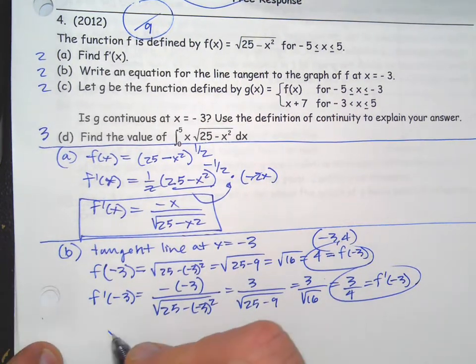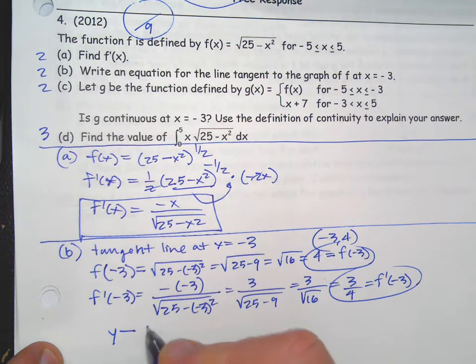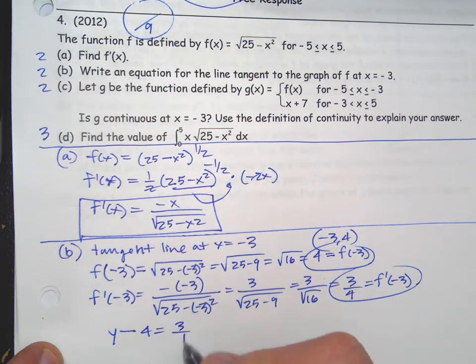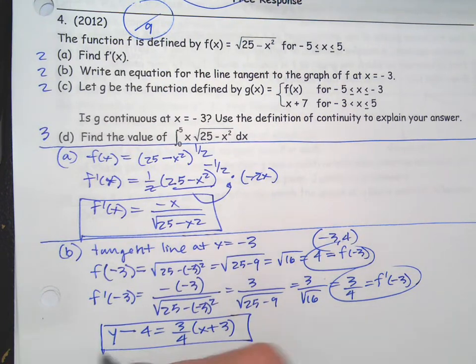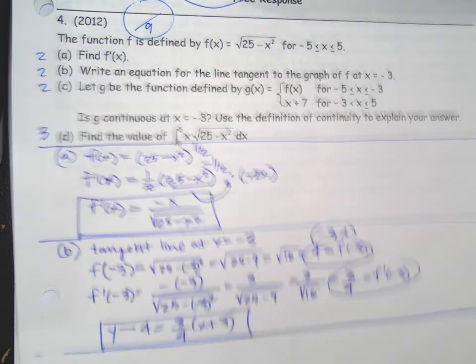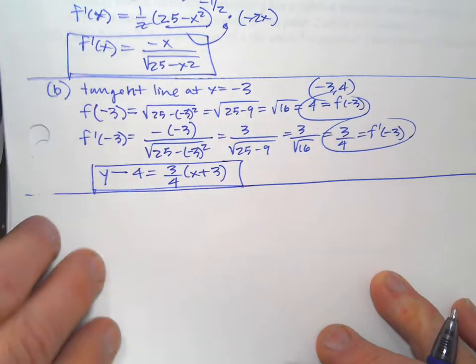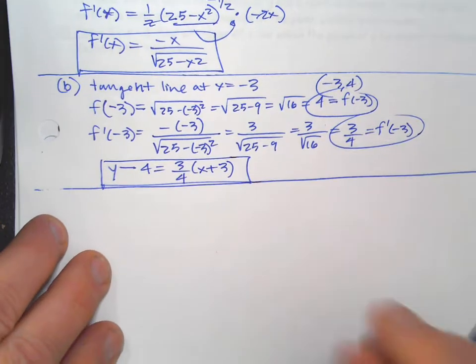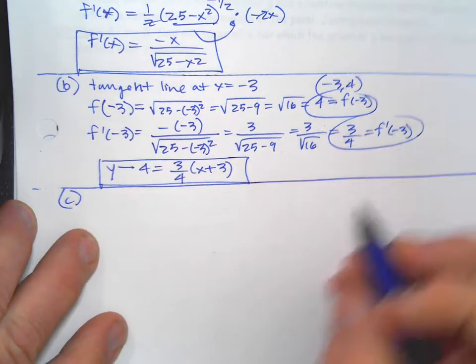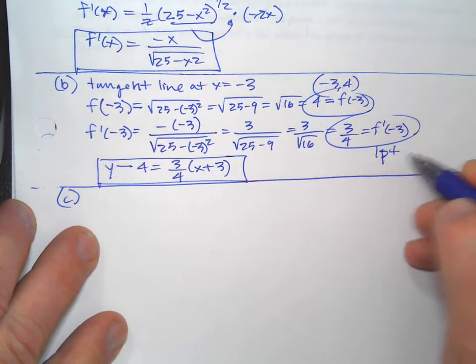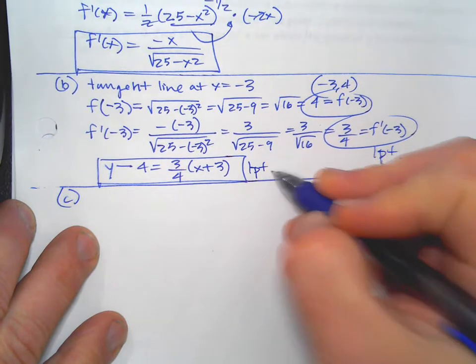So then you can do y minus 4 equals 3/4 times x plus 3, and leave it in point slope form. Just be done. Do point slope form, please. Some of you guys try and do slope intercept and stuff. Skip that. That usually doesn't work out great. So that was 2 points: 1 point for getting the derivative correct, and 1 point for your final answer.